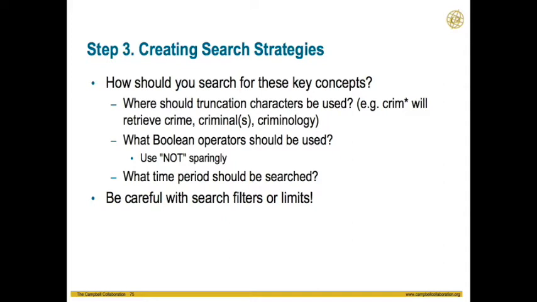And so that can be useful if you've got terms where you need to expand those terms. We'll also talk about Boolean operators in just a second. We talked about time limits, and I'll talk about search filters or limits. I'll save that until we actually get into PubMed.